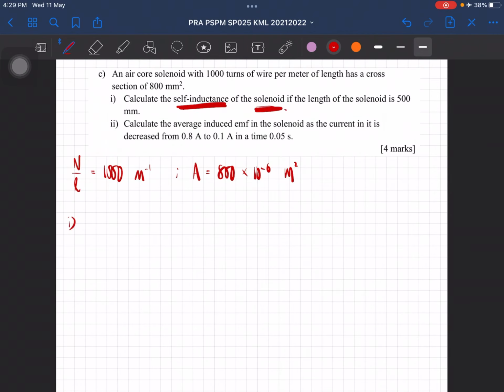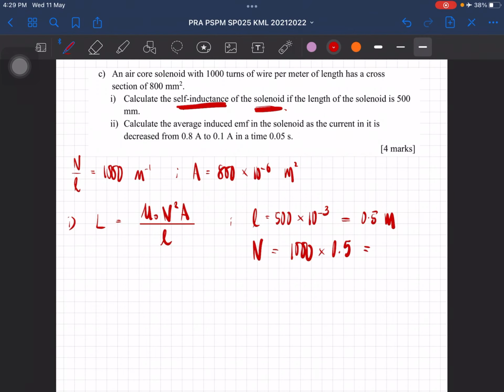Okay, so remember we have a formula exactly for solenoid. So we are going to use that equation, which is mu0 N square A over L. Okay, so now given that the length is 500 millimeter. So that is 0.5 meter. Okay, so we are going to calculate the new N, which is 1000 times 0.5 gives us 500 turns.